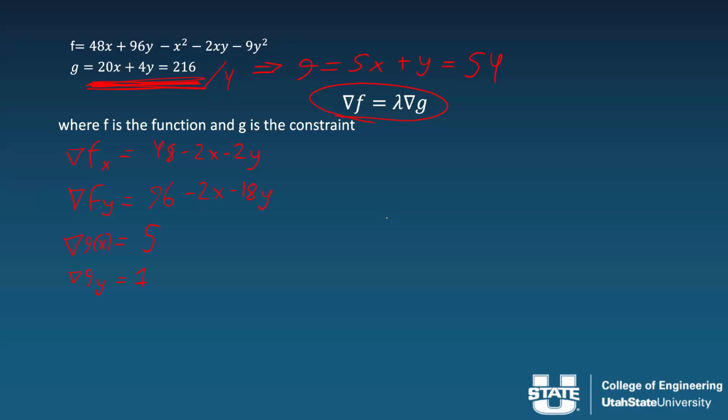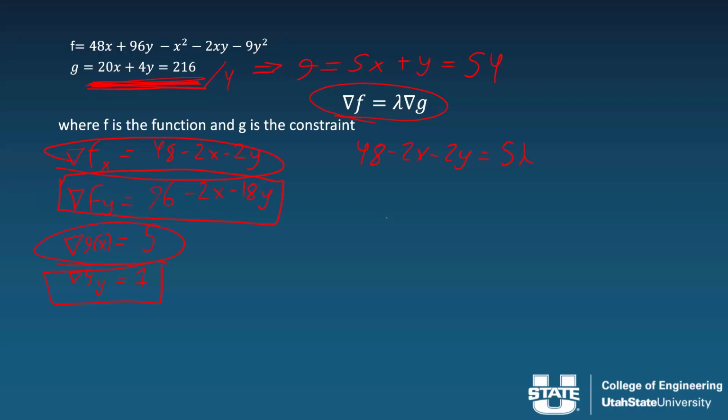We have our gradient of f equal to lambda times the gradient of g, so we match our x terms together and our y terms together. What are the equations going to look like? For x, that should be 48 minus 2x minus 2y is equal to just 5 lambda. Correct.